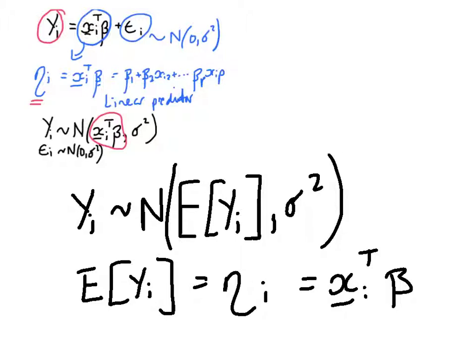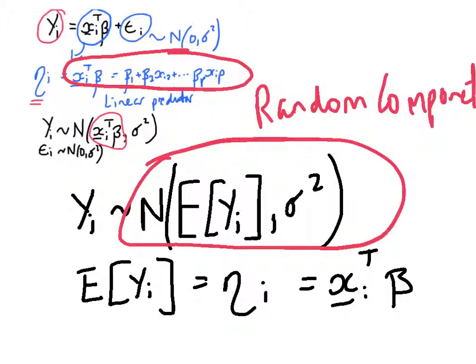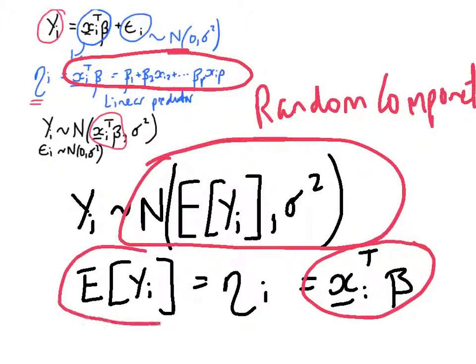Now, there's some overloading of symbols here, but for a purpose, because we now have two parts to our model. We have this linear predictor, the deterministic part, and we also have a random component, sometimes referred to as a stochastic component. Somehow the deterministic part has to be linked through the expected value to the random part, and in this case we've linked it using an identity function, so that the expected value is exactly equal to the deterministic part.